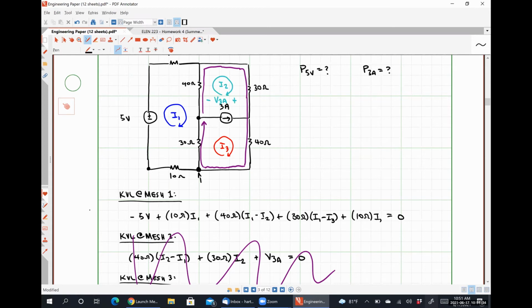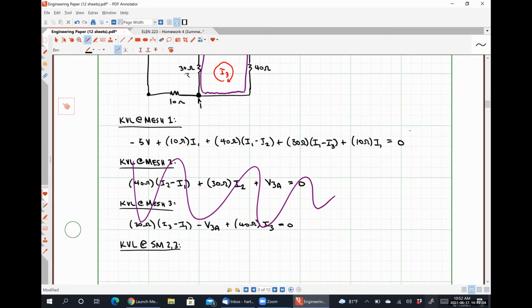That's a fantastic question. We're still using mesh currents I2 and I3 to describe what's going on here. We're not saying it's one big mesh current. For instance, if we're looking at this 30 ohm resistor, because there are 2 of them, we see that mesh current I3 is flowing in the same direction as the purple path, and mesh current I1 is flowing in the opposite direction.